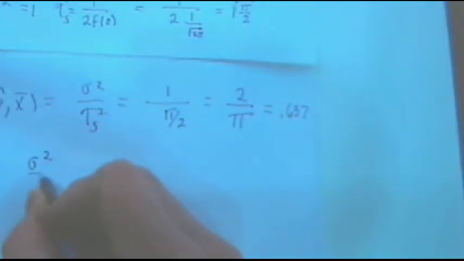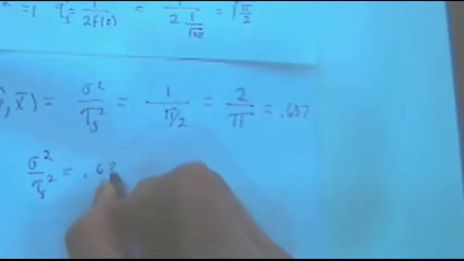Now, what does this say? Well, how do you read the ARE? You just look at the ratio. Sigma squared to tau sub s squared is about 0.63. So sigma squared is 0.63 times tau sub s squared. And then your confidence intervals, if you use x bar, will be narrower.